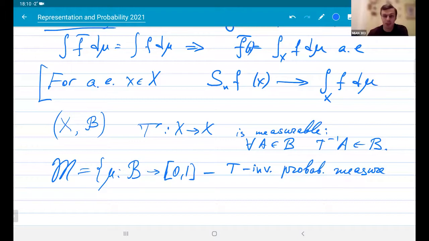Of course, when I say measure, I always mean that it is sigma additive. So this is the set of all invariant measures.